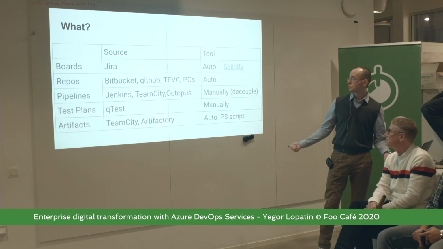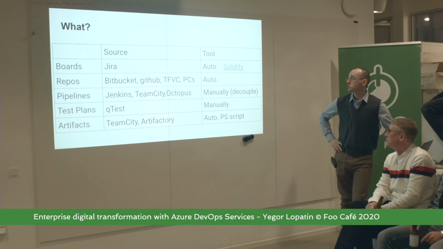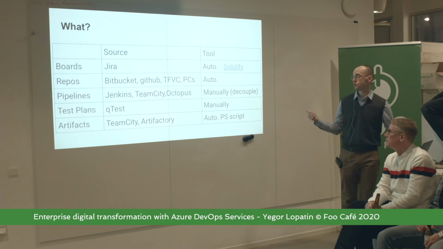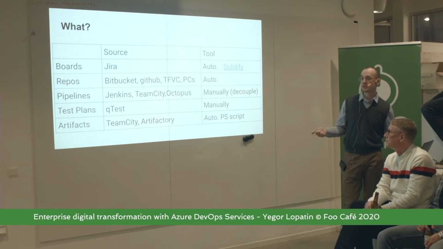What was done, as I mentioned, we started from source code transformation. It was Bitbucket, GitHub, the old version TFVC. If you worked with TFS or VSTS, as it was called several years ago, it was there.